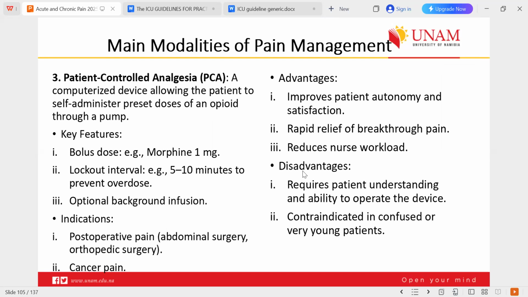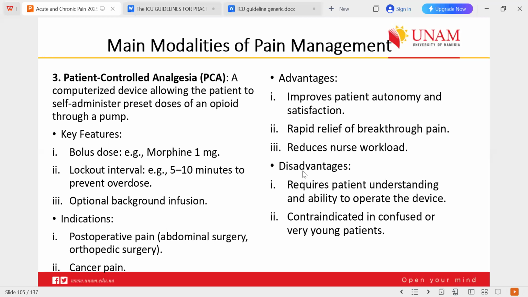We have patient-controlled analgesia. This is a computer-based device that allows patients to self-administer preset or predetermined doses of their opioid analgesics through a pump.